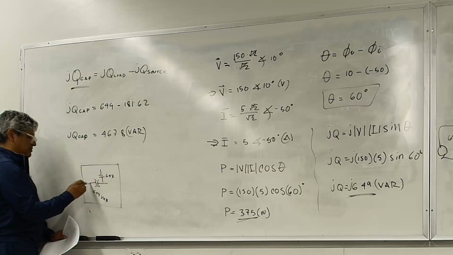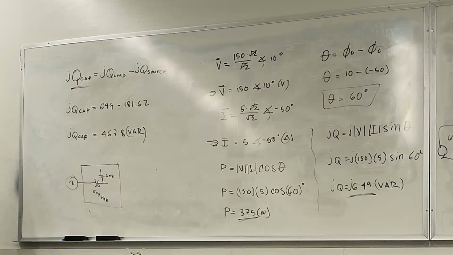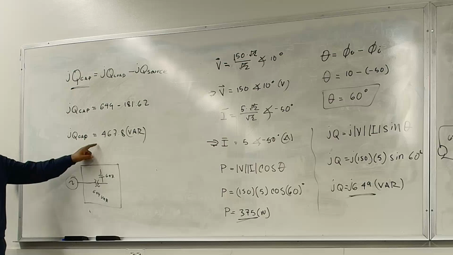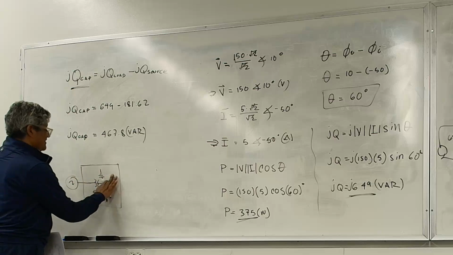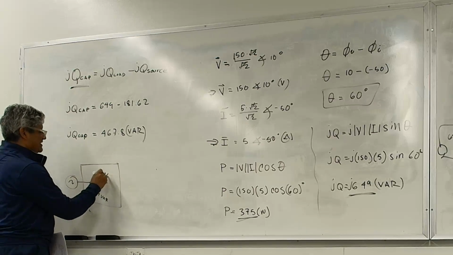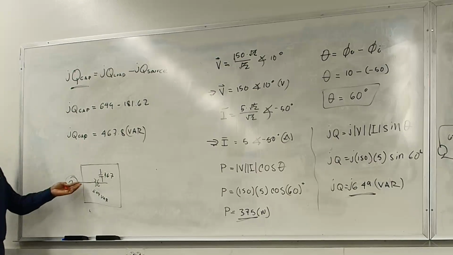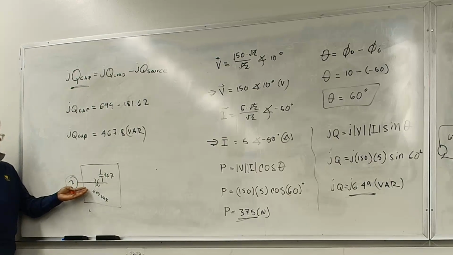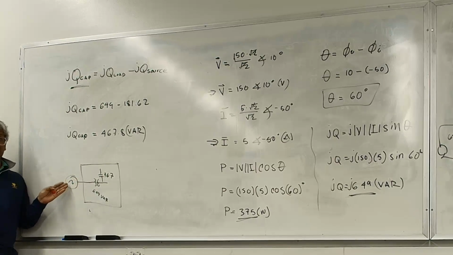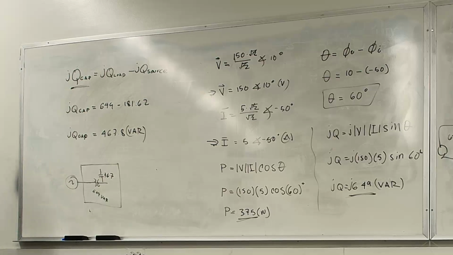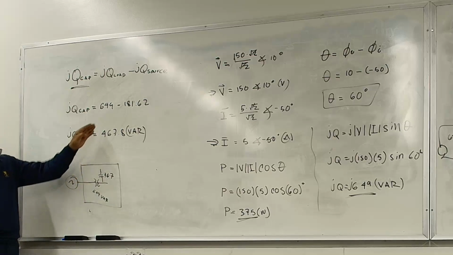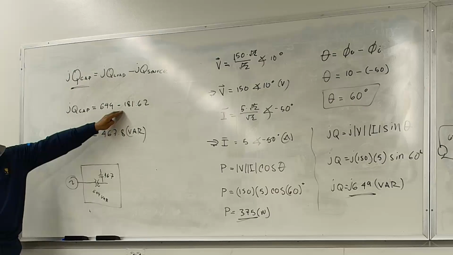467 vars approximately, so that the utility source only gives me 181. Oh, I'm sorry, I keep saying that. The generators on my system only have to provide me with 181.